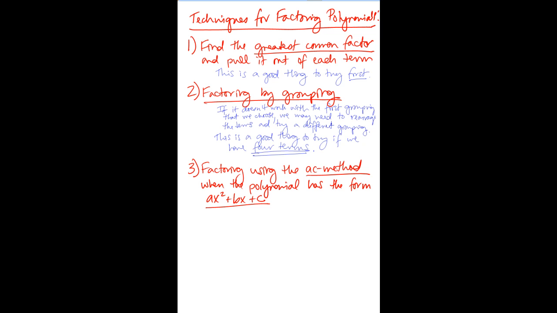And in that case, we need to find two numbers that add up to b, but multiply to get us a times c. Right? It's obvious that we want to try that whenever we have anything that can be put into this form.